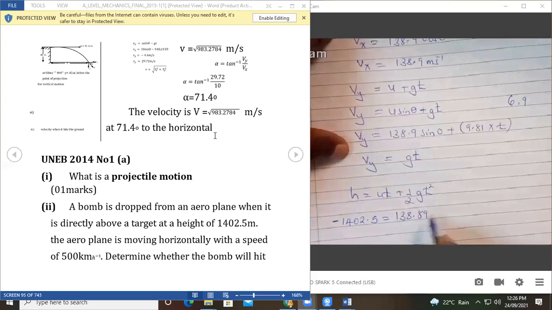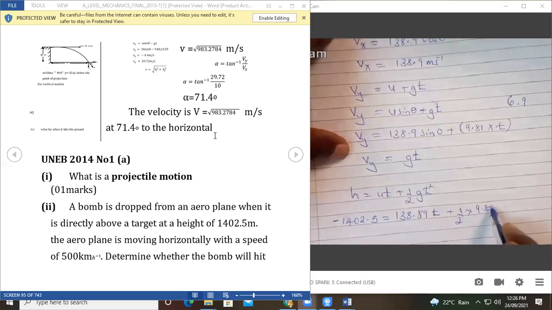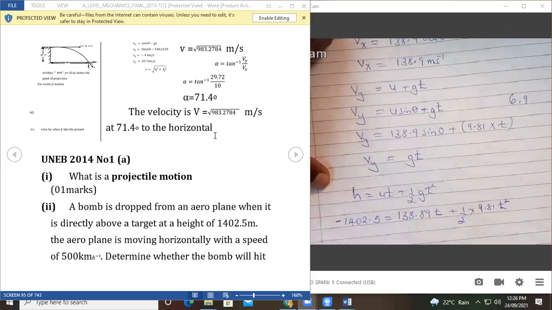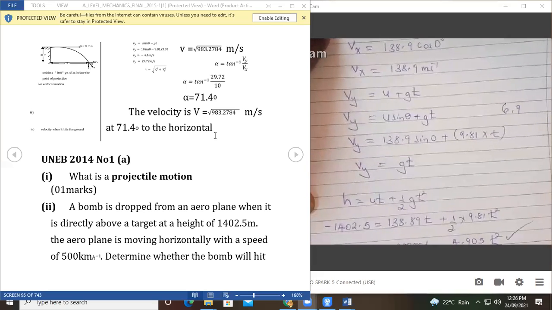So negative 1,402.5 equals 138.89t plus a half times 9.81 t squared. So you find it up: negative 1,402.5 equals 138.89t minus 4.905 t squared. So you see you form a quadratic equation there.